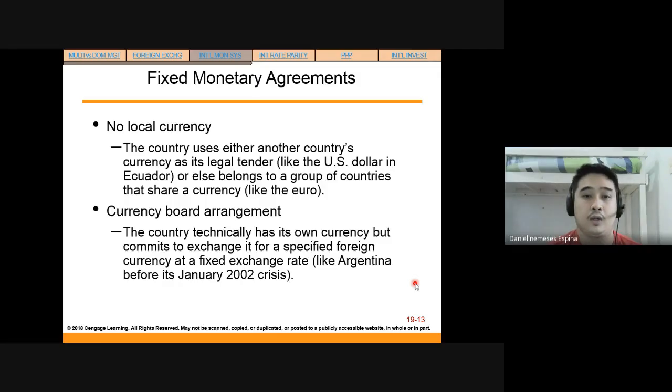They prefer the US dollar because it is more valuable compared to their own currency. Or perhaps they belong to a group of countries such as in Europe, so they have a single currency called the euro.